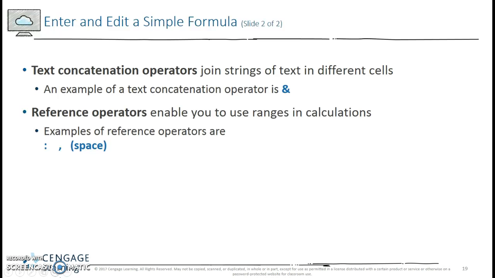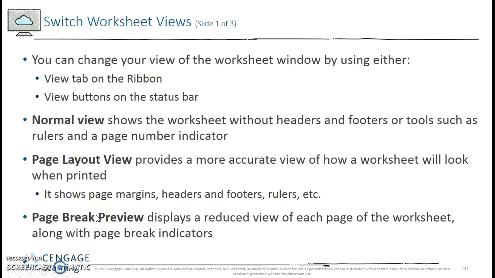So for example, the colon or the comma or the space in between the parentheses are actually examples of reference operators. And we'll get a little bit more into it too. When you take a look at Chapter 1, you'll have some really great examples. And when you start to do your work, you'll see exactly what I'm referring to.